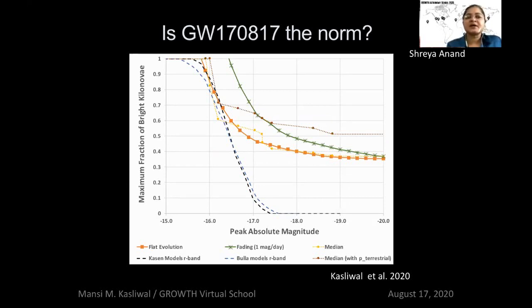And we wrote a paper recently explaining our results in the past year. You can speak to graduate student Shreya Anand, who will be one of your TAs as well, and she'll tell you why we believe that GW170817 just was not the norm. In fact, the majority of events are likely intrinsically fainter than GW170817.